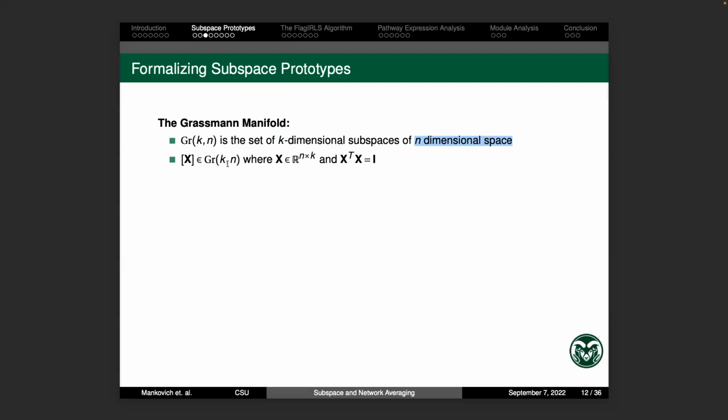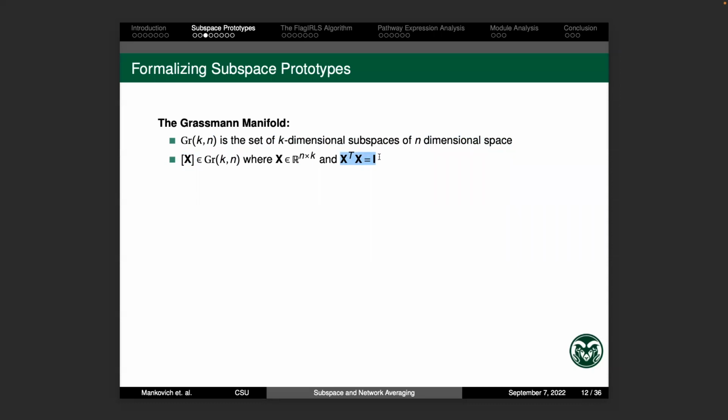But what we're going to do is just use n by k matrices to represent these points. And the idea is that the column space, or the span of the columns, so the set of all linear combinations of the columns of this matrix, is represented by this, which is X in brackets, and that is indeed a k-dimensional subspace of n-dimensional space, if we require that X transpose X is the identity.